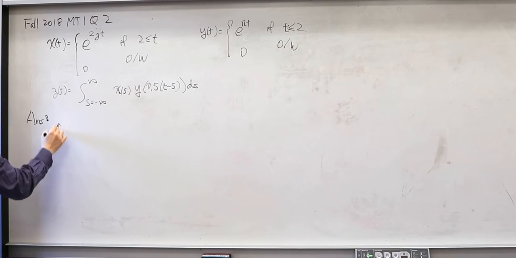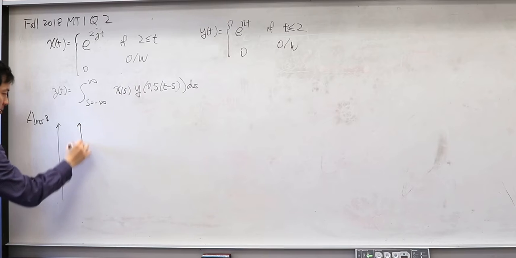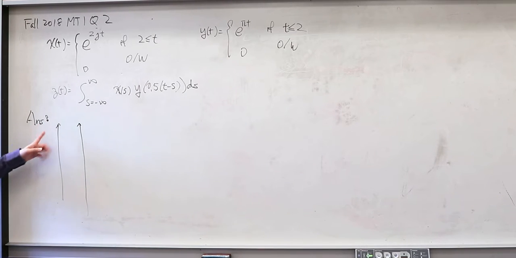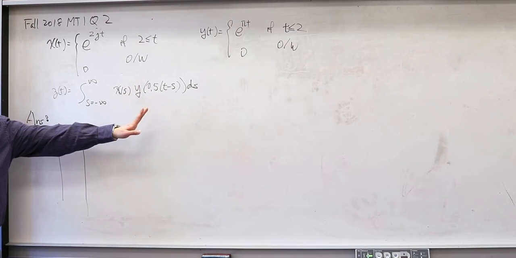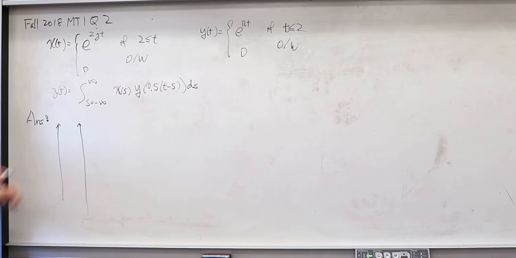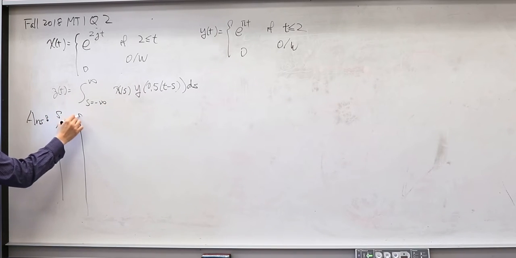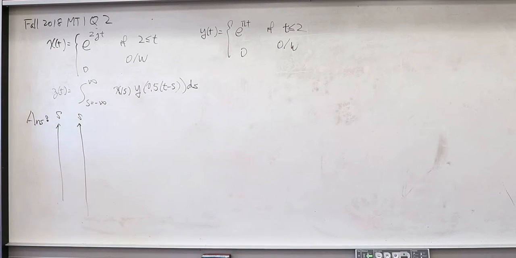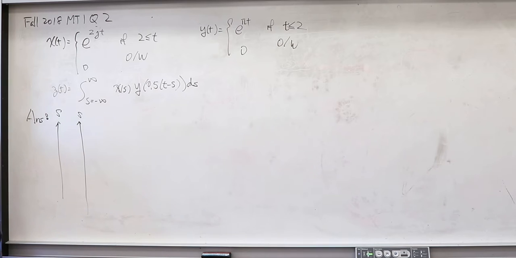So we start from two vertical axes. Again, the axes represent what we are integrating. We are integrating over s, so I write small s on top of the axes to remind me I'm integrating over s.